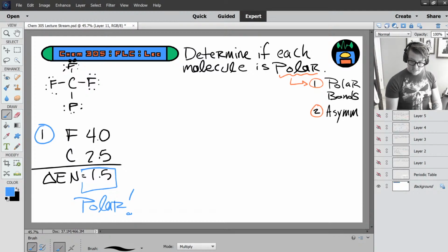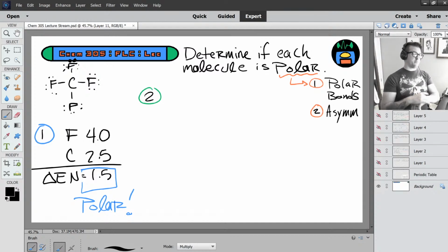All right, second, is this molecule symmetric? Because if it is, it doesn't matter if we have polar bonds, they cancel each other out. Our molecule's nonpolar. So here again, we're dealing with a tetrahedron.